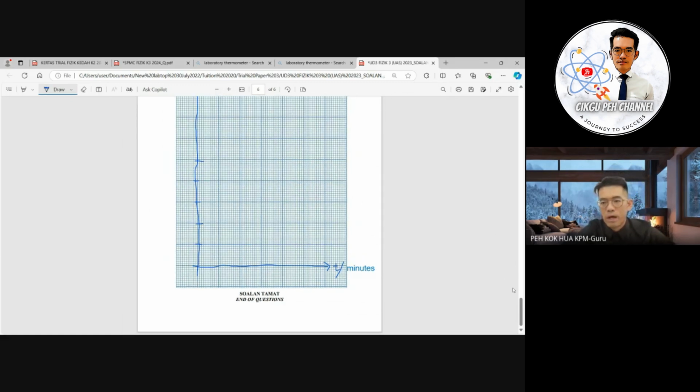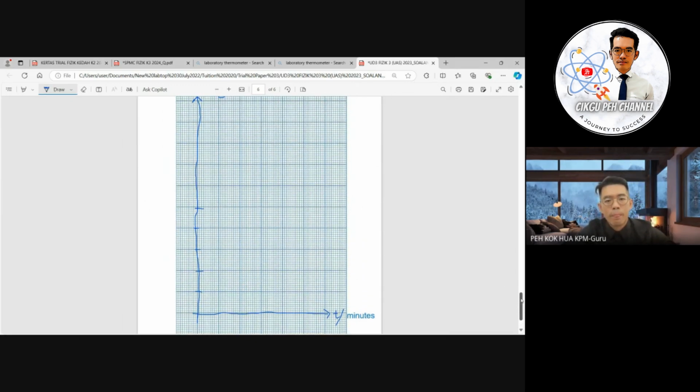If you give 5, it will be half graph minimum. 2 not enough. So here 1 minute, 2 minute, 3, 4, 5. Minimum 5 times 4. Minimum. So here, if I draw until here also, no problem.